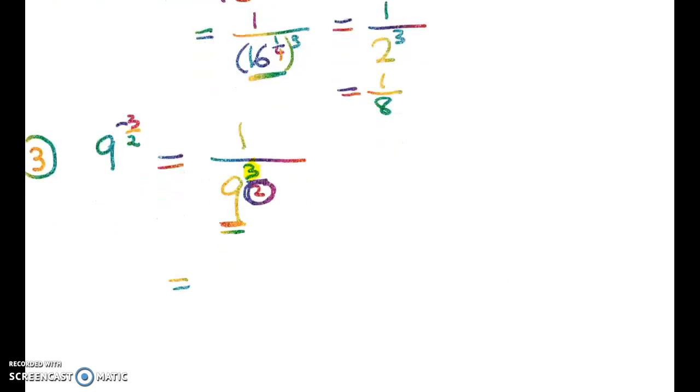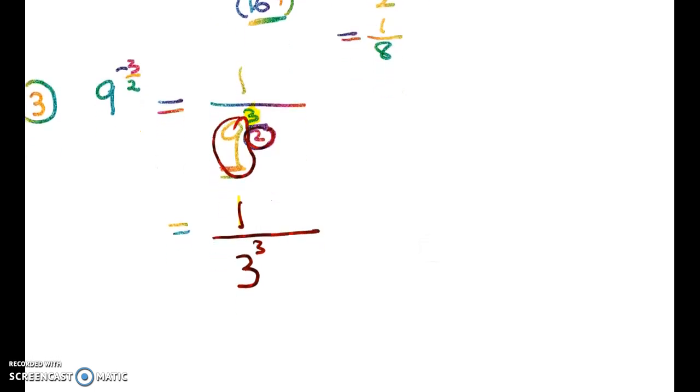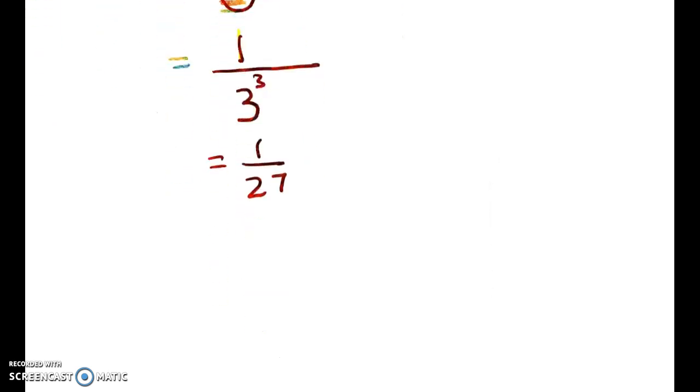Okay, so 9 to the power of -3 over 2 is going to be 1 over 3 cubed. Right, so that's 9 to the power of 1/2. That's the square root of 9, which is 3. So that's 1/27.